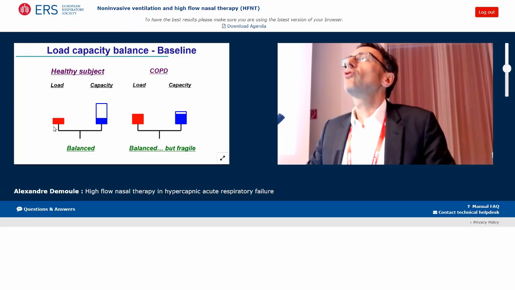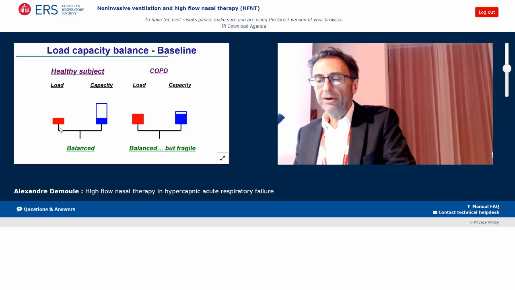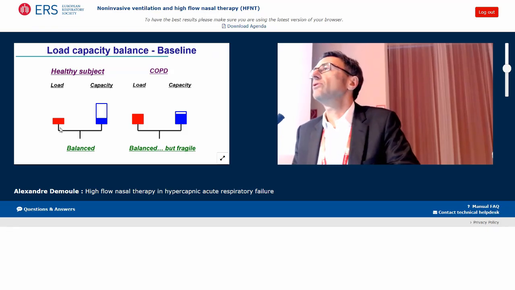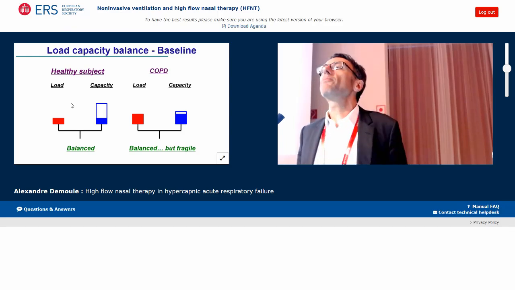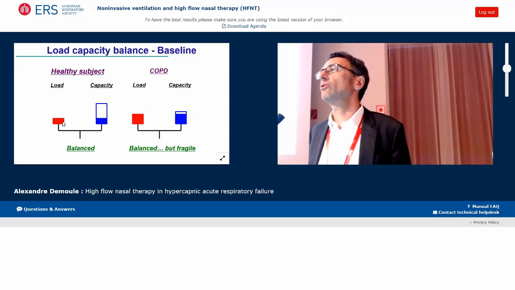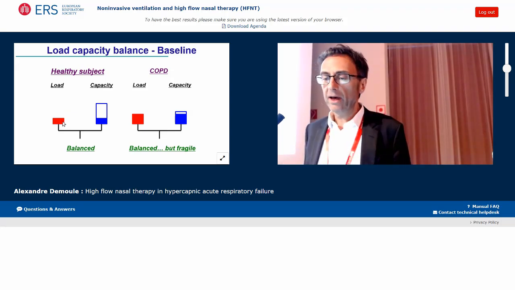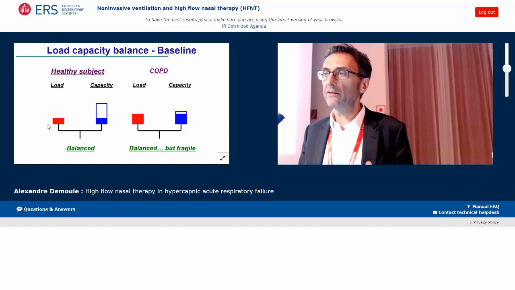So let's go back to physiology. And here is a healthy subject, and here is a COPD patient. When we are breathing, the tidal volume we generate results from the action of the respiratory muscles, let's say the capacity, on the load, the resistance and elastance of the respiratory system.